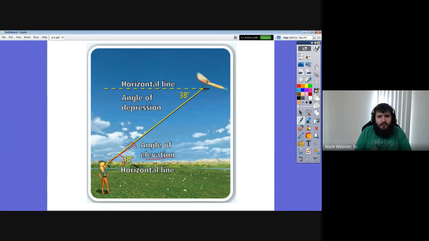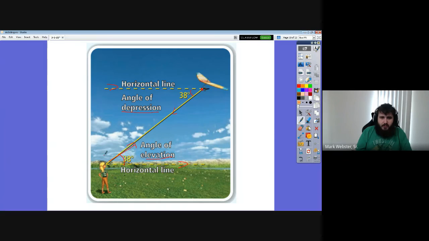Now, on the other hand, if we are taking the perspective of the person on the hang glider here, they're looking down at the woman, so this is an angle of depression. So we look at whose perspective we're coming from. Is the person looking up or is the person looking down? The thing to be very, very clear about is that between two people looking at each other, the angle of depression of the person looking down and the angle of elevation of the person looking up are the same because of alternate interior angles and parallel lines, right?